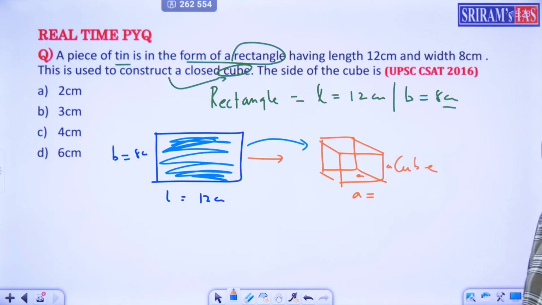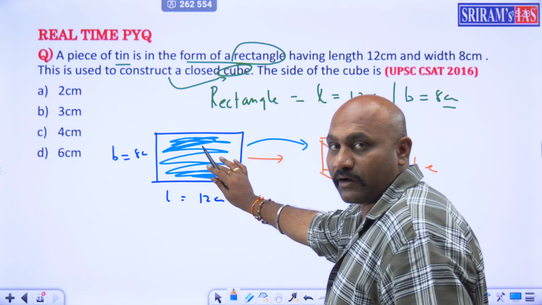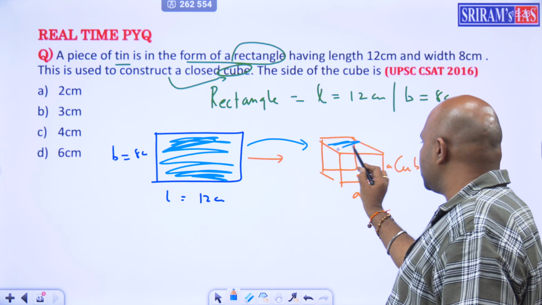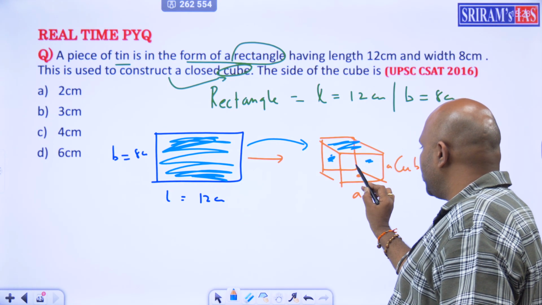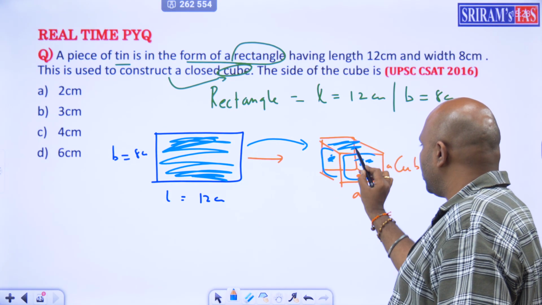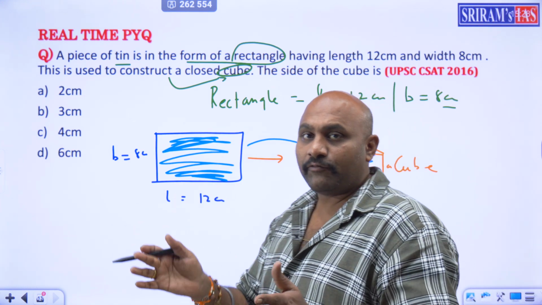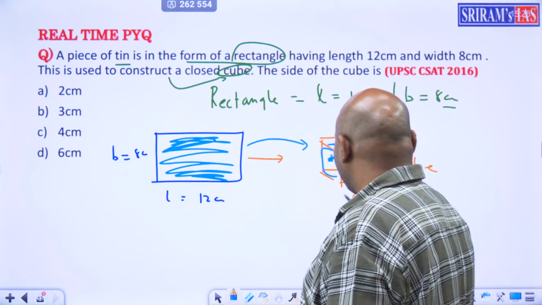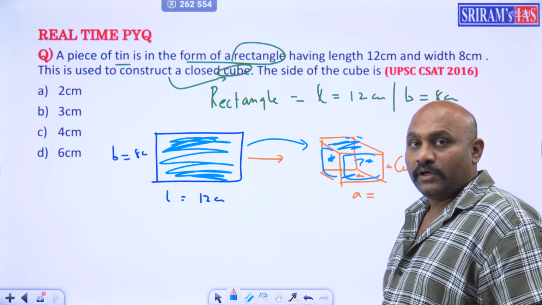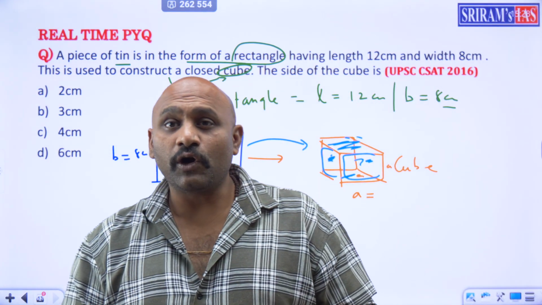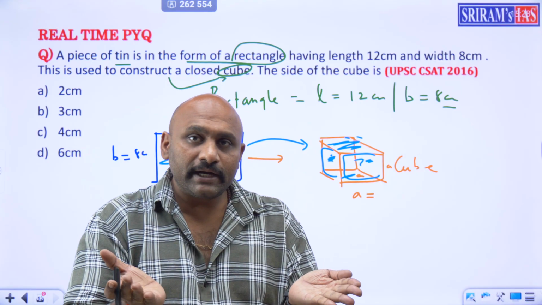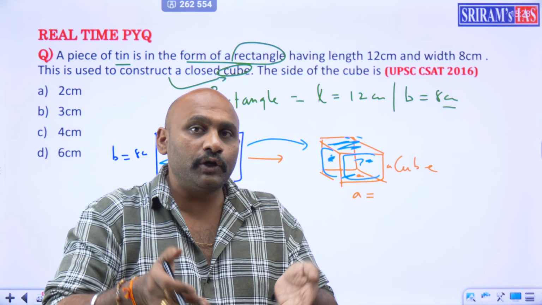So this blue area will come on this side, here, here, here, all of them are folded. That means we are looking at the bottom and top also. This clearly shows that the whole area of the rectangle is converted into the whole area of the cube.